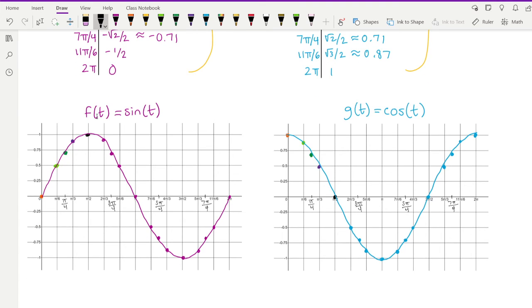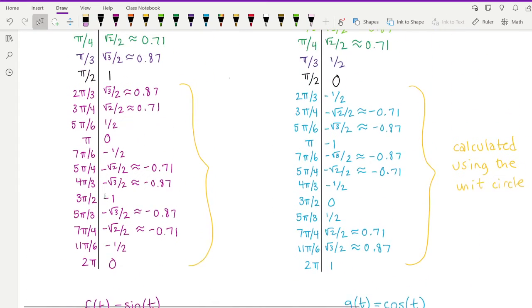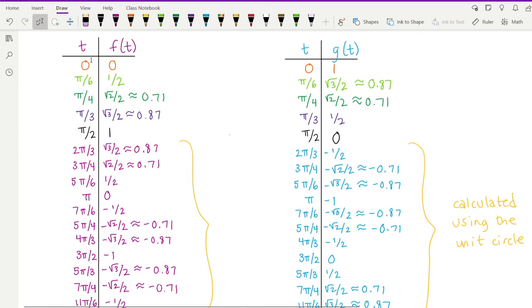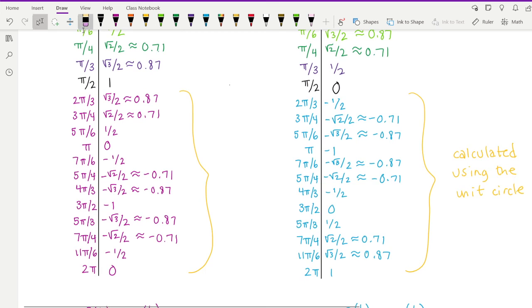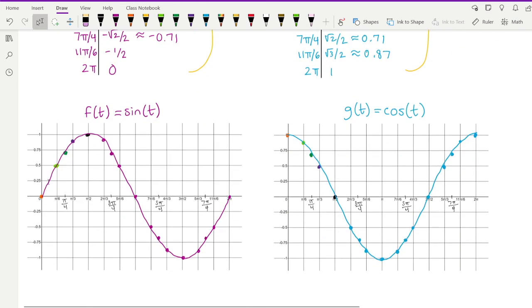So to sketch these two graphs, we made tables that included values of t, so input values are angles, that were between 0 and 2 pi. And we already mentioned how there's angles between those angles, right? The angles that we focused on are basically just the nice ones that are easy to do on the unit circle, but that doesn't mean there's not angles between.